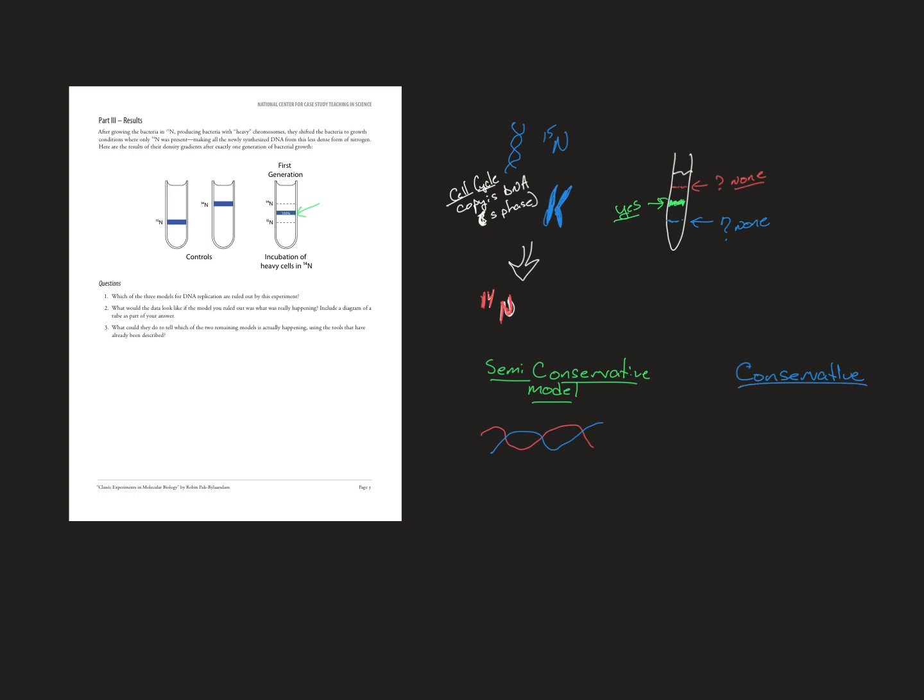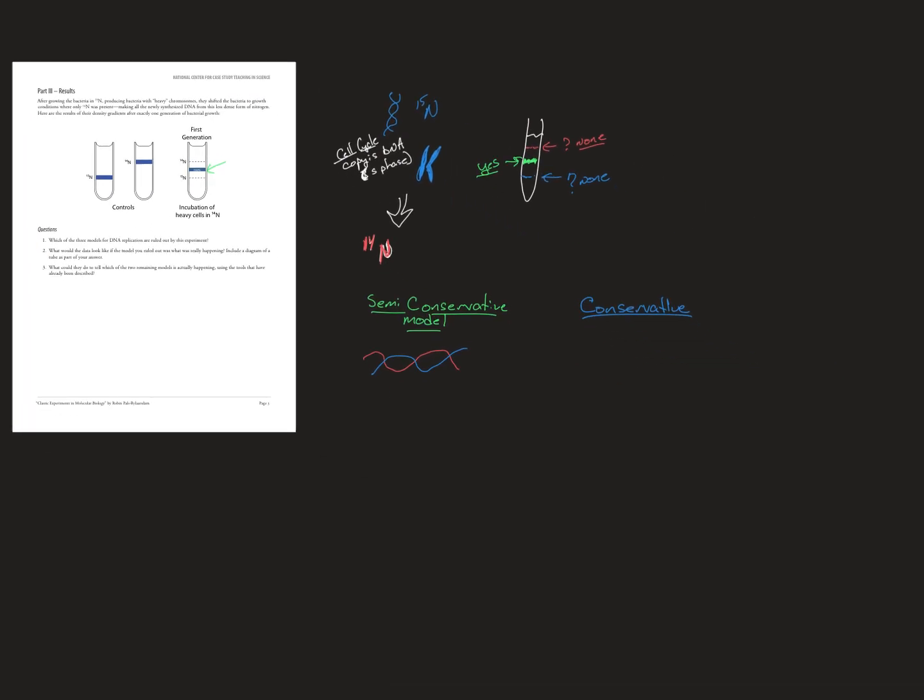The conservative model says that you would have the old strand, which is made in this case of nitrogen 15. The original DNA, before you switch to nitrogen, would be used as a template. Both the old ones would be kept together, and then both the new ones, which now are being made with nitrogen 14, would be kept together.